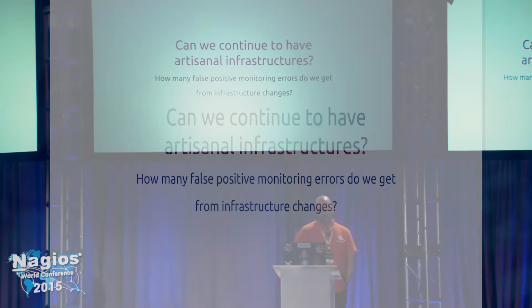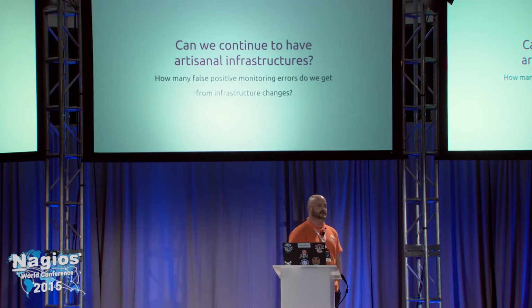I was just talking with somebody last night that they get a lot of false positives when they take a machine out of service because Nagios is still monitoring for that machine. With the increased complexity, more things can go wrong.